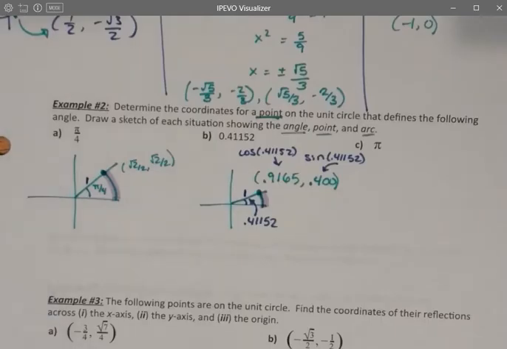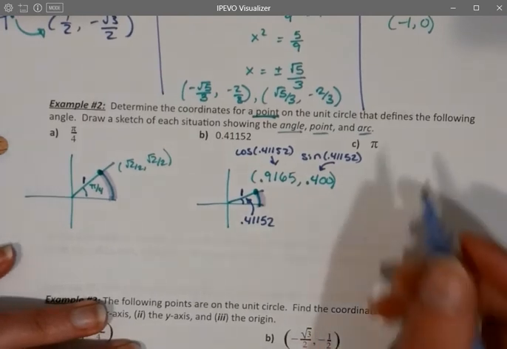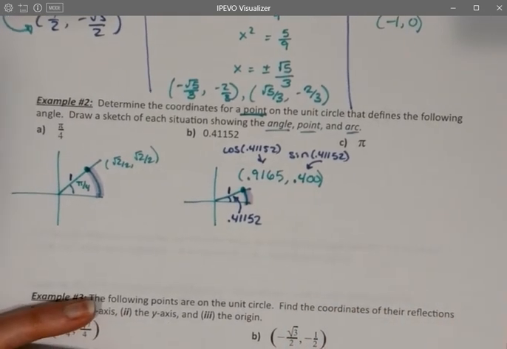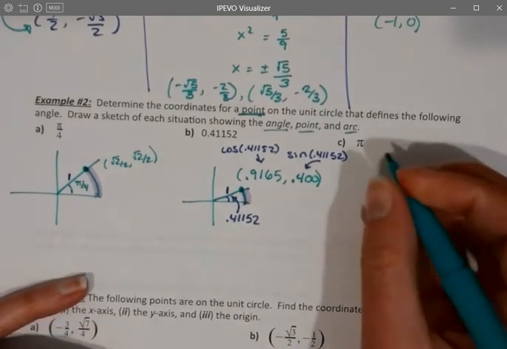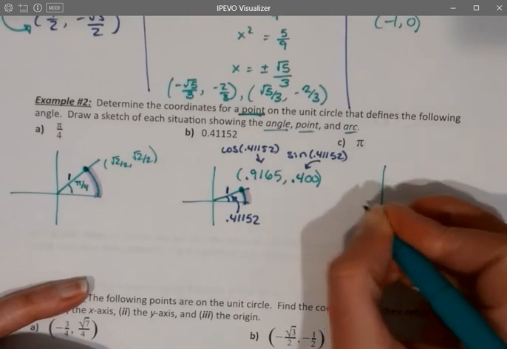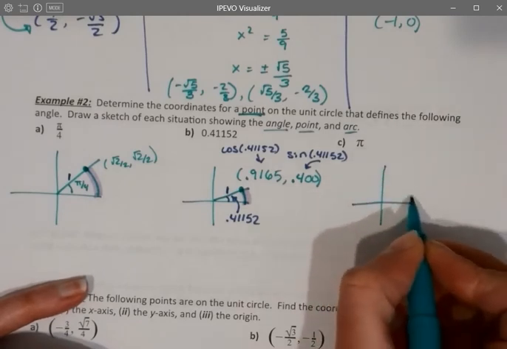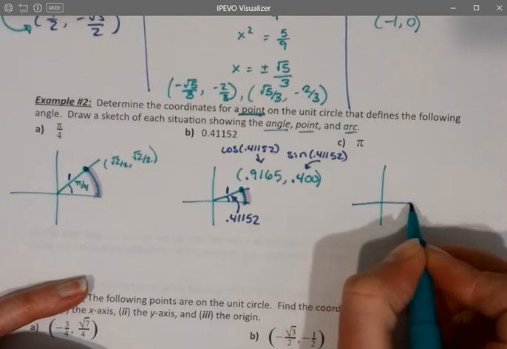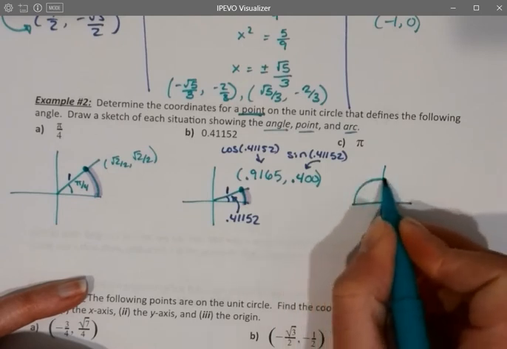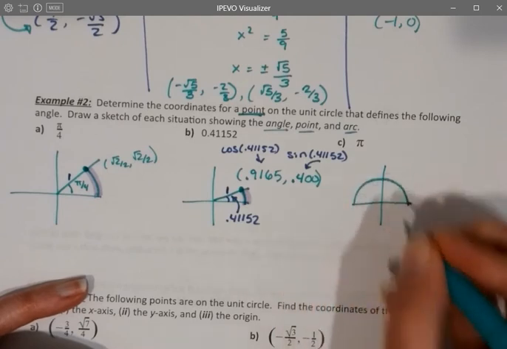Good. Okay. Now, the last one, part C here, the angle is pi. All right, so you can look at your unit circle to figure out where pi is. Or I know that since 2 pi is a full circle circumference, pi is going to be half of it. So my arc is half of a circle.